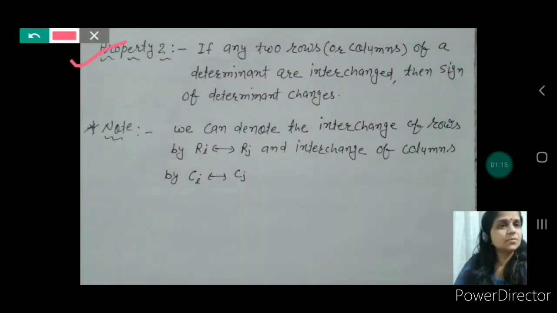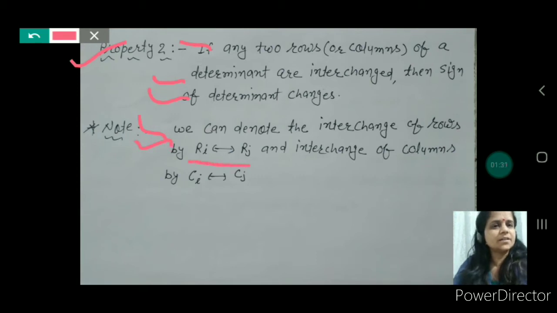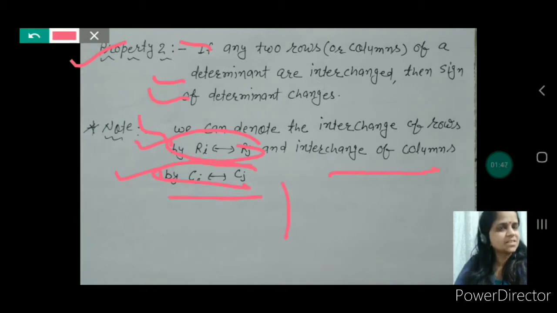If any two rows or columns of a determinant are interchanged, then the sign of the determinant changes. We can denote the interchange of rows by Ri to Rj and the interchange of columns by Ci to Cj. Here the value of the determinant will be the same, only the sign will change.